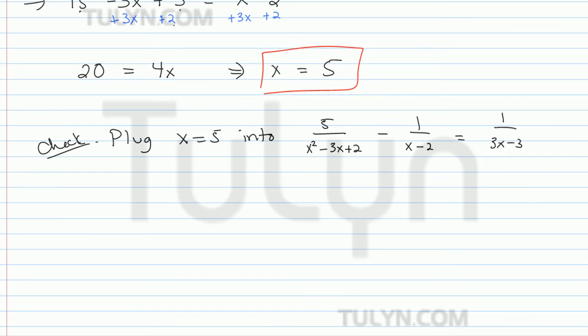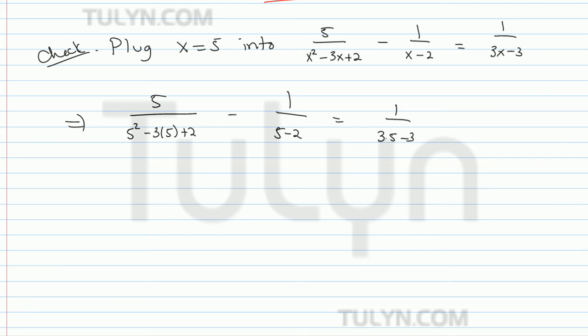So let's do that. This becomes 5 over x squared, which is 5 squared, minus 3 times 5 plus 2. All I did was wherever I saw an x, I put in a 5.